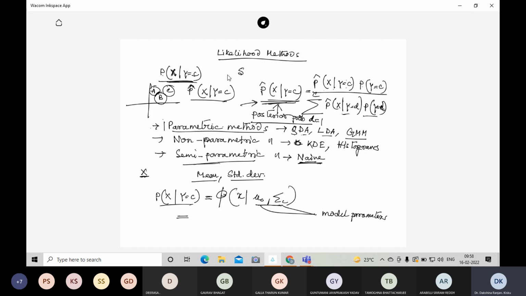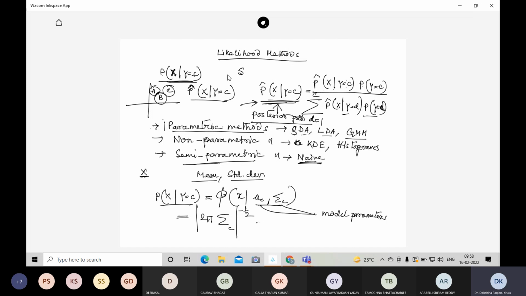Therefore we can write this likelihood in terms of normal distribution, phi of X given mean and standard deviation. So we can write 2 pi sigma c to the power half.